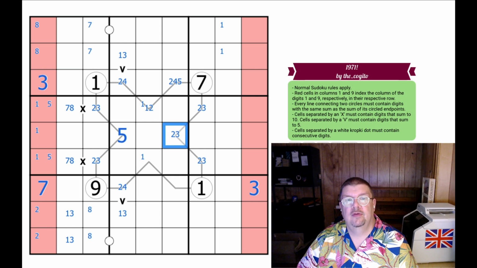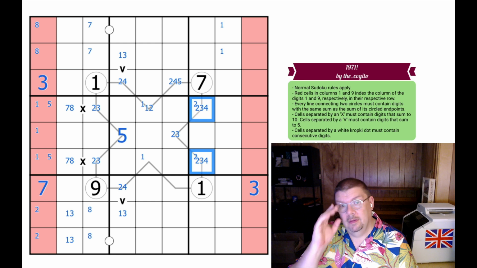So I could put a 3 here, making this a 2-3 pair, or if that were a 2, this would be a 2-4 pair. But definitely there is a 2 there.